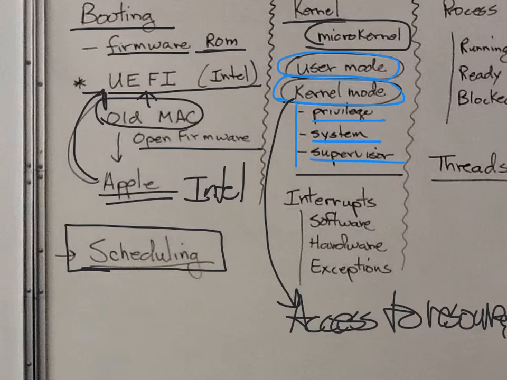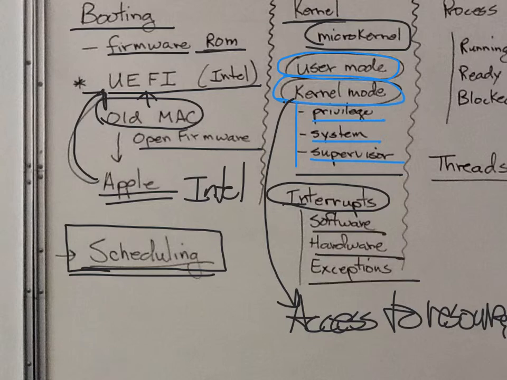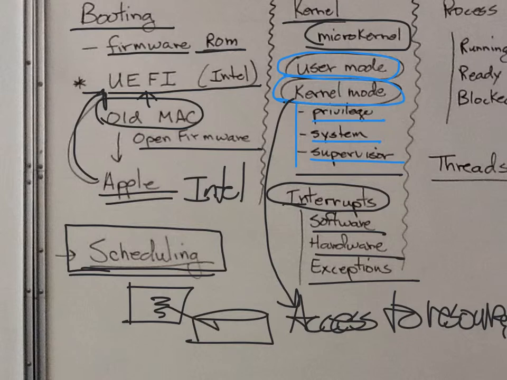We're going to talk more about scheduling next week, but to get to that point, we talked about interrupts, software interrupts, and hardware exceptions. The machine can be processing and need to write something out to the disk or get something off the disk.